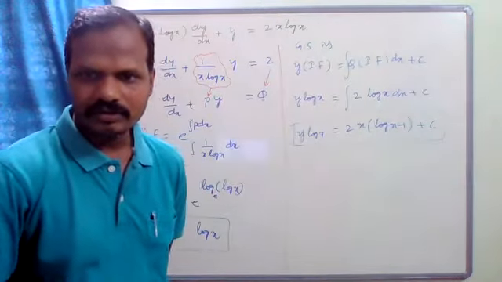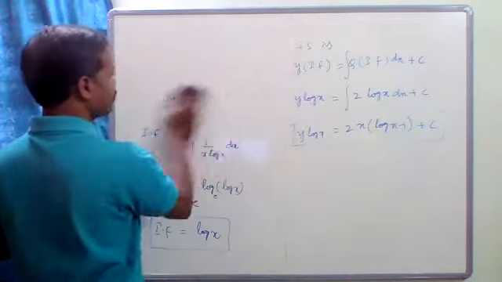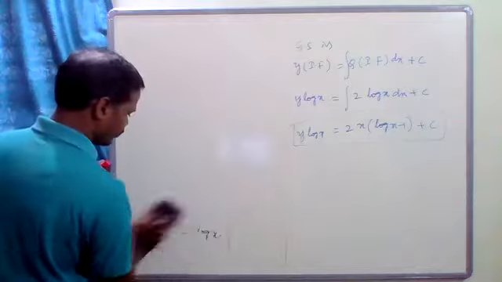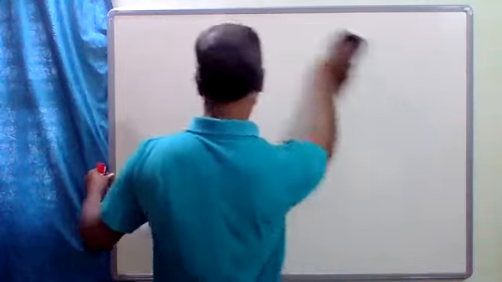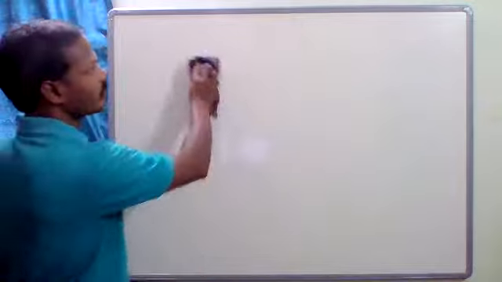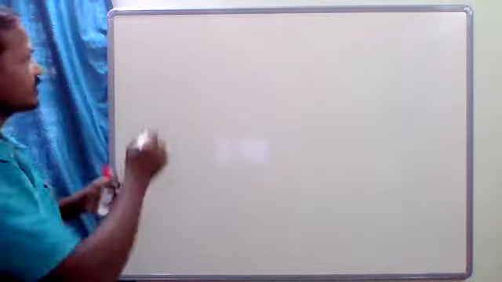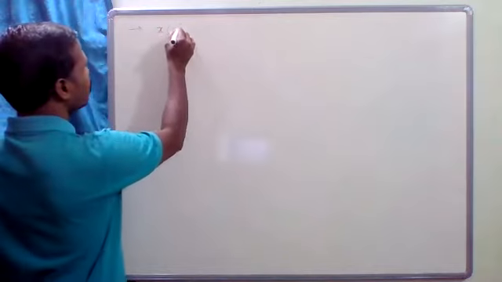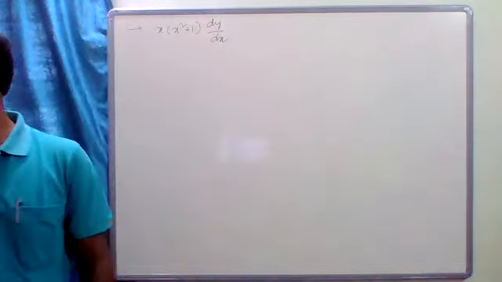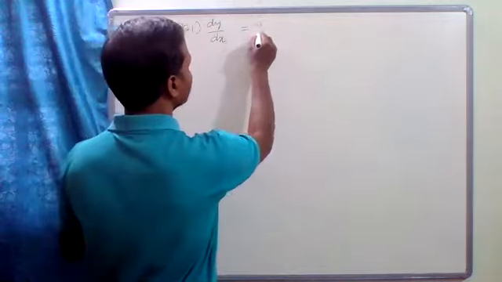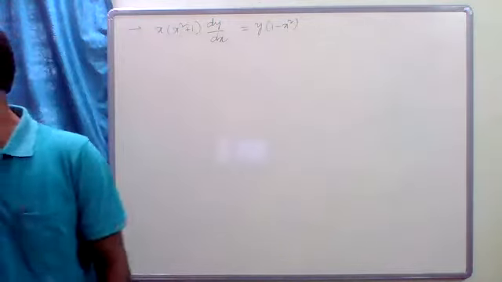Okay, so second problem, I will do it. So what is the second problem? x into (x square plus 1) dy by dx equal to y into (1 minus x square) plus x square log x.